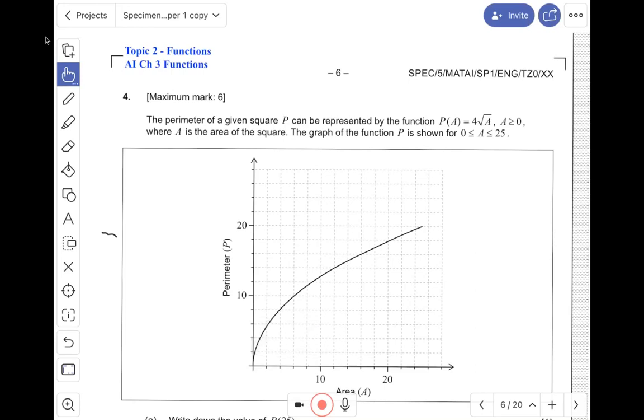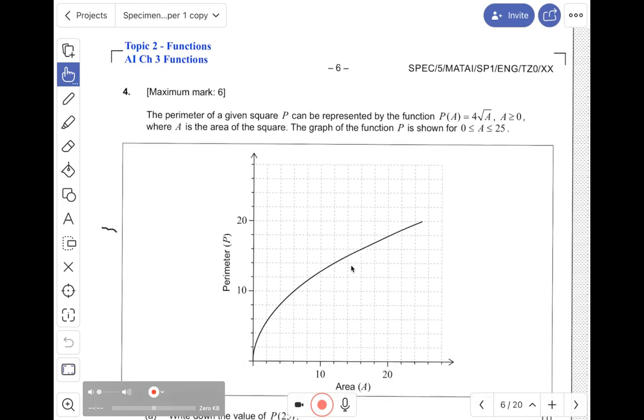Question 4. This is a functions question, topic 2, and information on functions and inverse functions can be found in chapter 3 of your AI book. All right, so this is a curve that gives us the perimeter for a given area of a square.